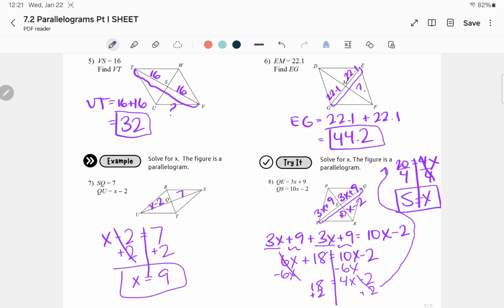If they give us one of them, then the other is going to be equal. And number 8, if they're giving us one and the whole thing, we have to know we're basically adding that to itself. These are going to be congruent and they're going to equal the entire thing. So if you label the drawings, you will get it right.